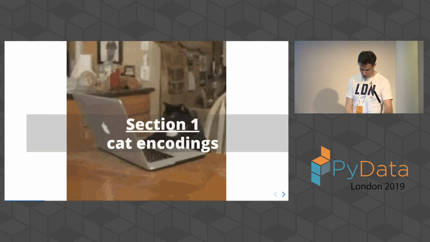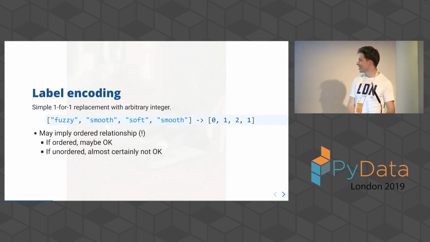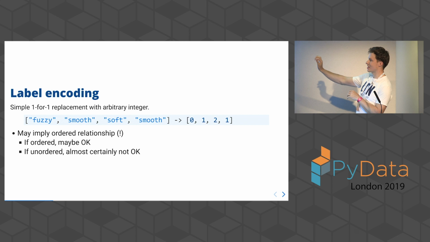Okay, section 1, cat encodings. All right, so first off, I have the two standard scikit-learn things. Label encoding, also called ordinal encoding, various other things. I think one thing about this area that's tough is there's a lot of different names for the same kind of idea. But this is basically where you would just assign each level of the category an integer and do nothing else.